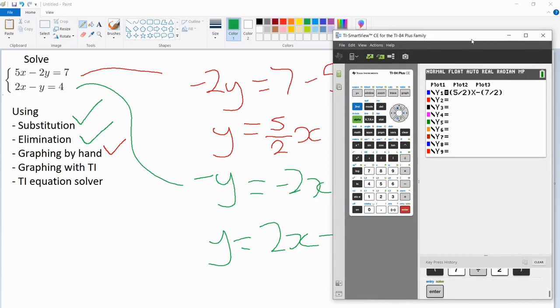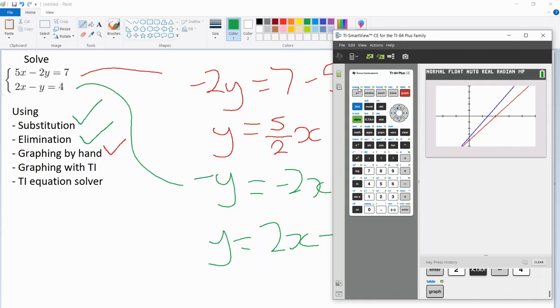The next one is 2x minus 4. Okay. Let's see how we go.